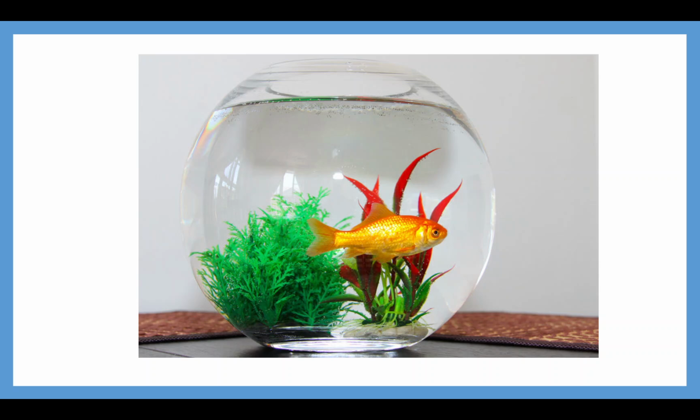How is the fish affected by the bowl? By the shape of the bowl, by where the bowl is placed in a room, by how much sunlight the fish does or does not receive, by what is in the bowl with the fish, whether it's plastic plants or real plants or those little colored rocks you sometimes see in fish tanks. How is the fish affected by the water?